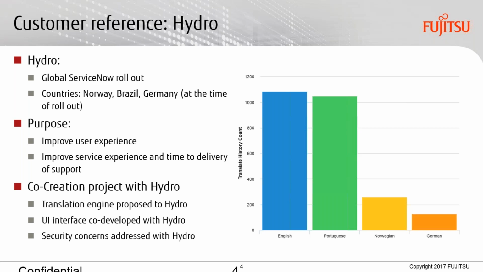That also means it can improve the general service experience, not just the quick user experience on the portal, but in general that you feel you get better service from IT, and the time to delivery of all this support is so much faster if we actually understand each other. So we made this as a co-creation project. The entire module has been built on something that Fujitsu came up with. We then co-developed the first module with Hydro, and then we have extended this solution into other customers around the globe.